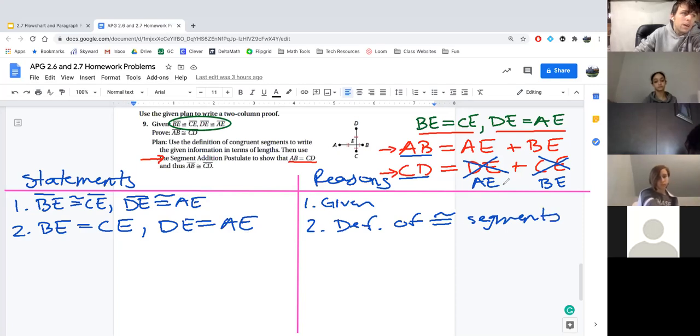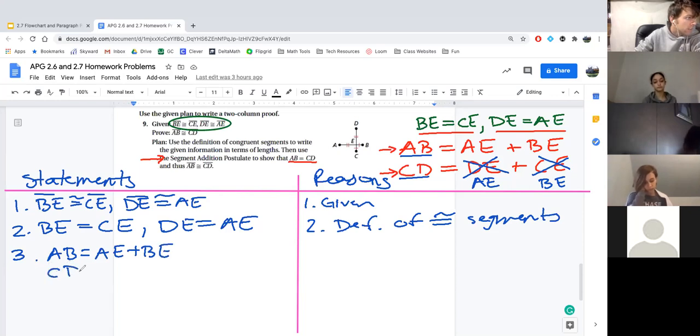Then we wrote some segment addition postulate equations. So using the segment addition postulate, we wrote that AB equals AE plus BE, and CD was equal to DE plus CE.